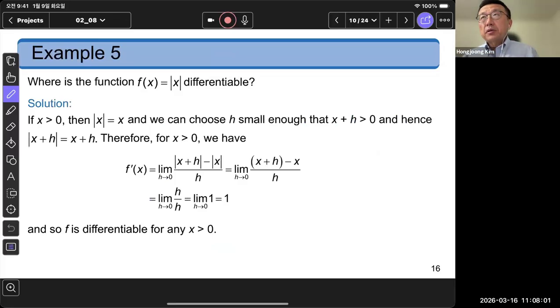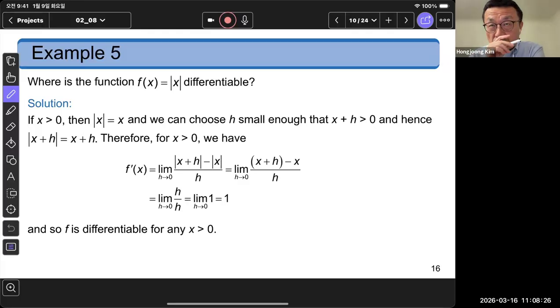Now, let us consider example 5, which is quite useful and important example. Where is the function f of x defined by the absolute value of x differentiable? Now, as you know, when x is positive, then this absolute value sign doesn't have any special meaning, and the absolute value of x will be just x.